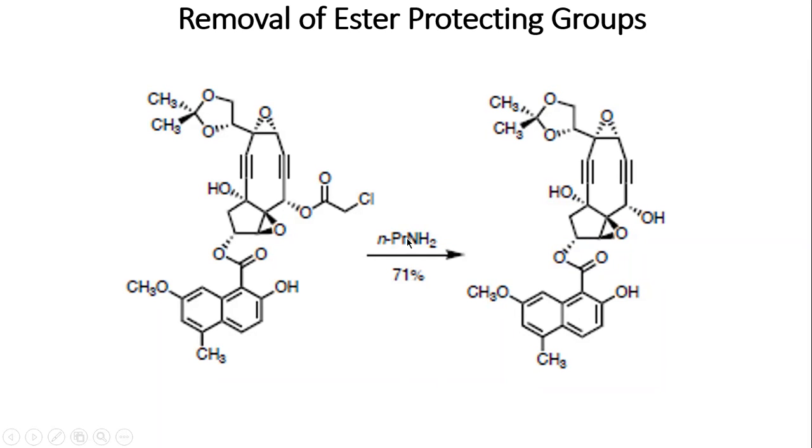So again, it's a mild method, but it's selective for only the chloroester right here, right? And so you can see that that alcohol is now deprotected, and you get the deprotected alcohol in 71% yield without any reactivity of any of your other functional groups.